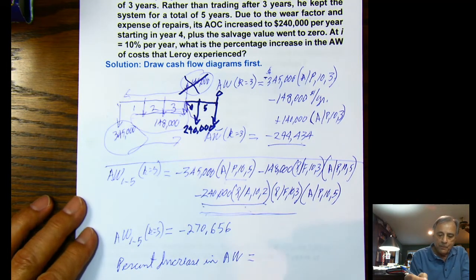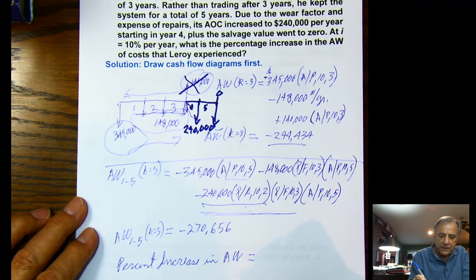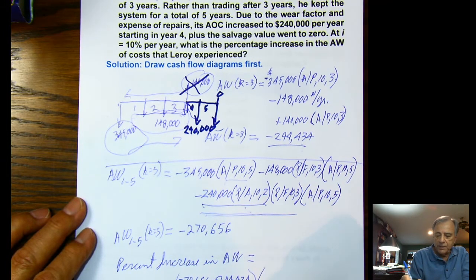So it'll be your base value, which is in the denominator, 244,434. This will be 270,656 minus 244,434. And then I take that and multiply it times 100% because that's going to give me a fraction.